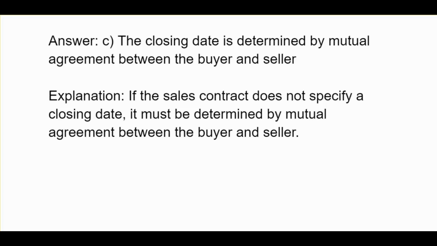C, the closing date is determined by mutual agreement between the buyer and seller. If the sales contract does not specify a closing date, it must be determined by mutual agreement between the buyer and seller.